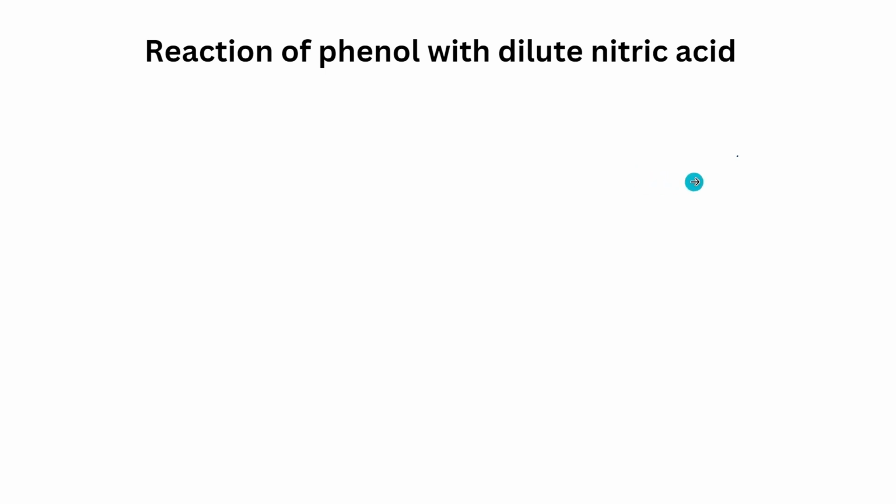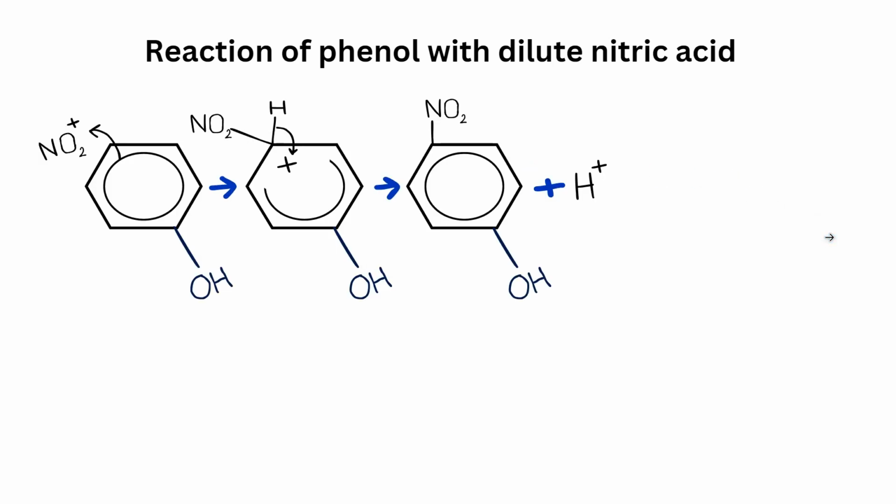So we don't need the concentrated sulfuric acid catalyst, and phenol is also fine with the nitric acid being diluted. Our products are 2-nitrophenol or 4-nitrophenol. Here I've shown the mechanism of phenol forming 4-nitrophenol, but we can also form 2-nitrophenol.